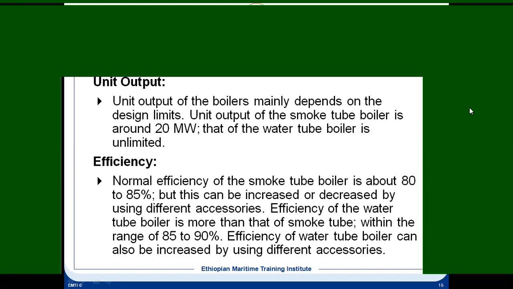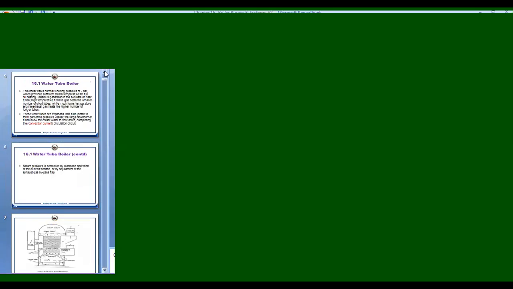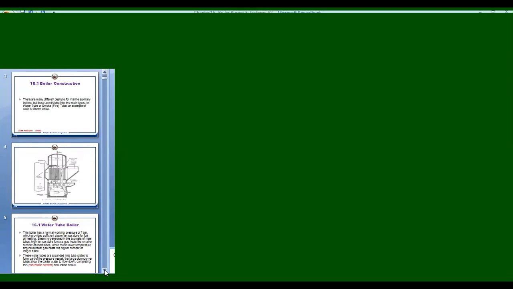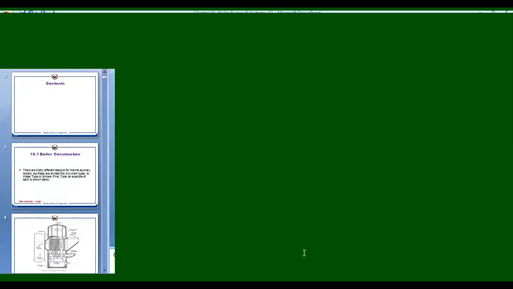The efficiency of a water tube boiler can also be increased by adding different accessories. We had talked about a hybrid, basically, earlier we were talking about a hybrid between a smoke tube and a water tube. So that is also one of the accessories which we use. Let me go to that slide.